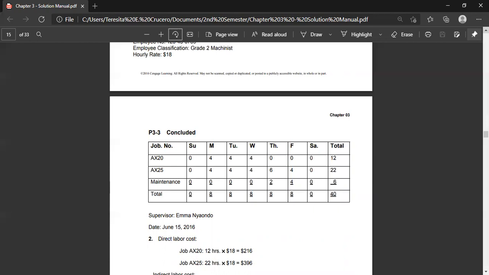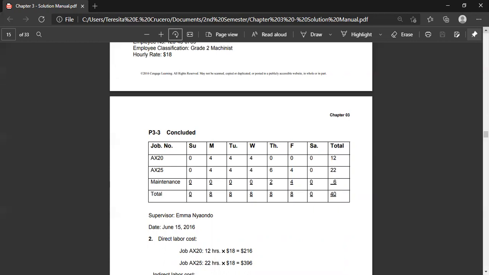We have now from Sunday up to Saturday. With EX20 on Monday he worked 4 hours. That's 4 hours per day on each of jobs EX20 and EX25 from Monday, Tuesday, and Wednesday.